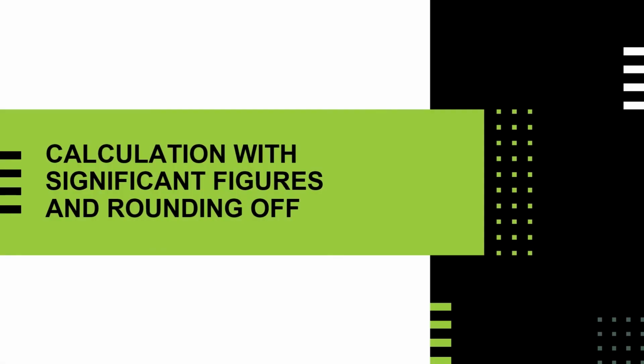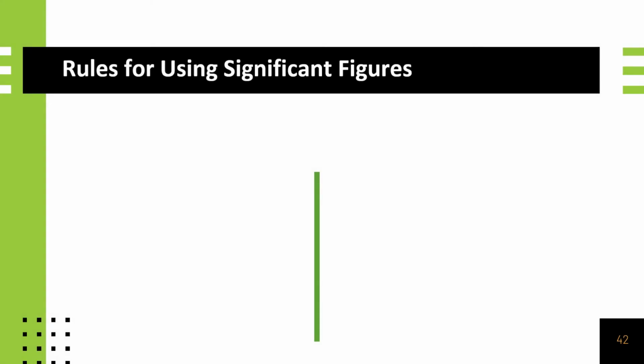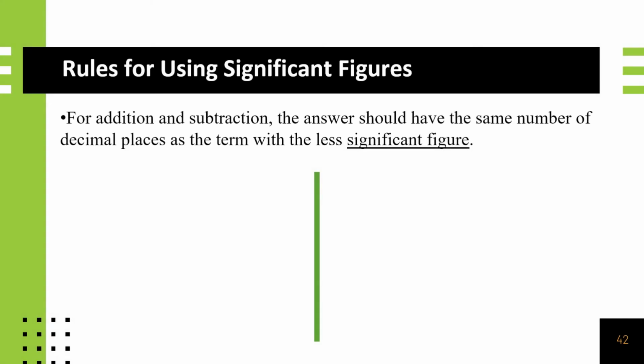Next topic is about calculation with significant figures and rounding off. So we have the rules for addition and subtraction. The answer should have the same number of decimal places as the term with the fewest decimal places. Here is an example. First, we look at how many significant figures each value has. This is 5 significant figures.